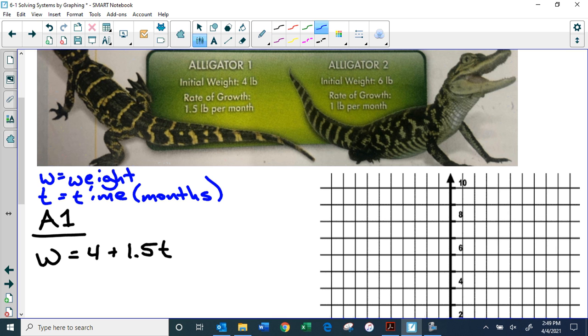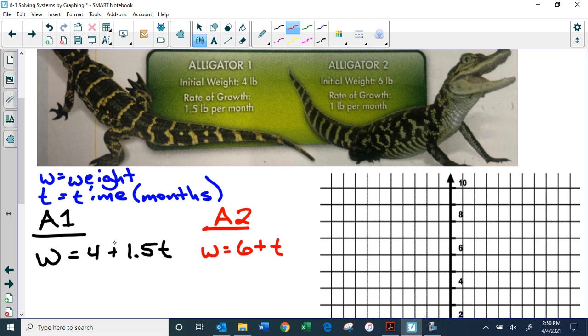All right, alligator 2, its weight is 6 pounds plus 1 T, and I'm just going to write T, and I don't need to put the 1 there. So this form, while you don't see X and Y, this is slope-intercept form.